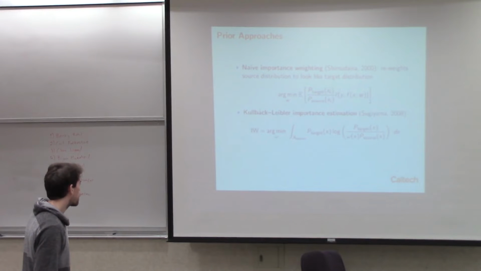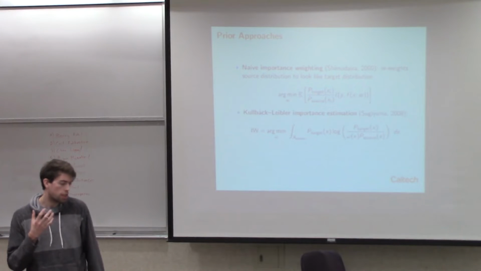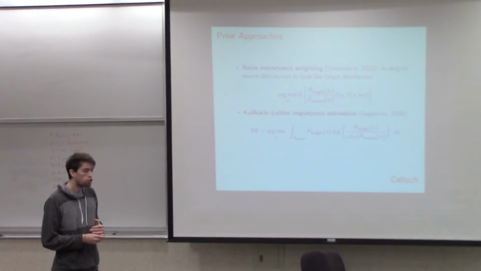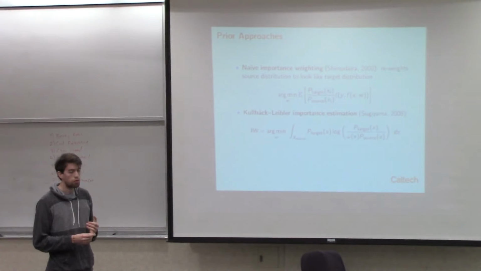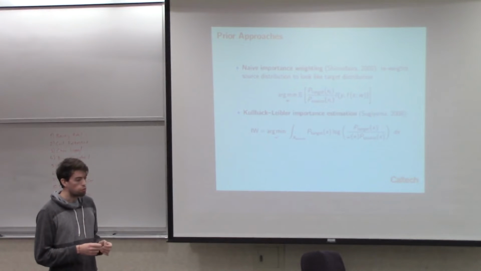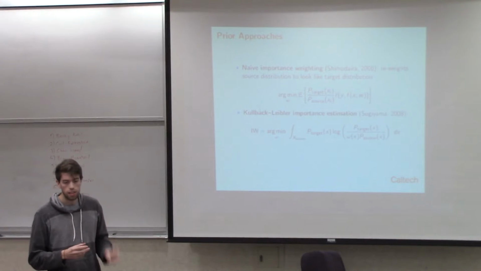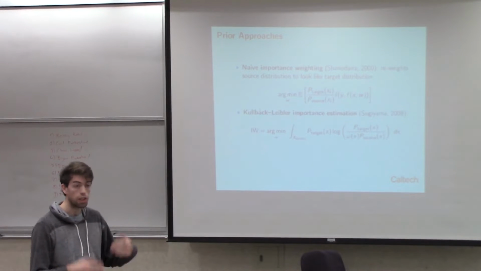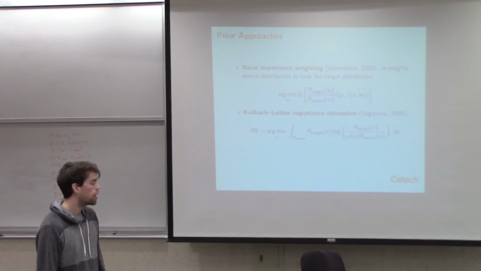A more sophisticated approach is needed, especially since this kind of naive importance weighting breaks down in higher dimensions. It doesn't describe the difference between the two distributions very well, so you can use something like KL divergence to minimize the difference between the target and source distribution and compute your importance weights in a more intelligent fashion.